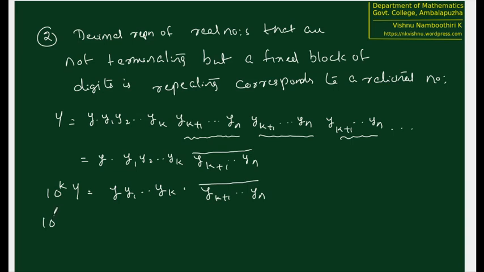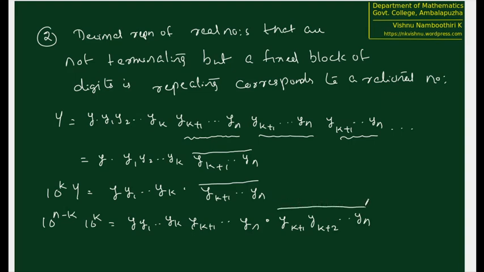So 10 to the power n minus k times 10 to the power k times Y is going to be equal to y1 etc. yk, then yk plus 1 etc. yn, and after that, because this block is infinitely repeating, once again yk plus 1 etc. yn, and this is again repeating.